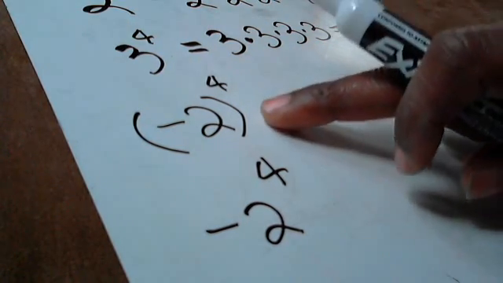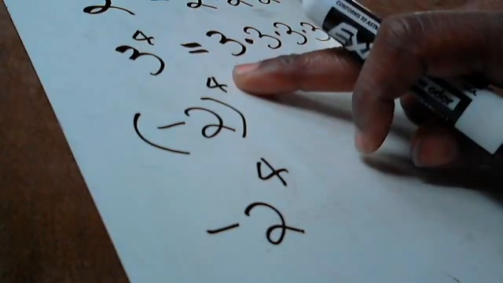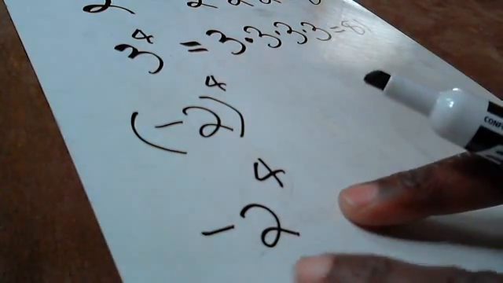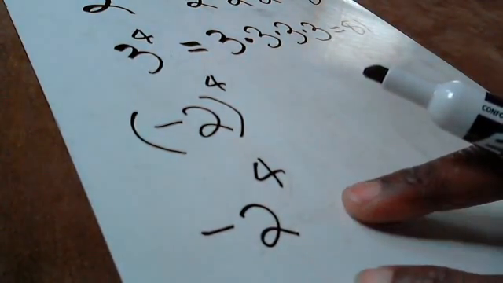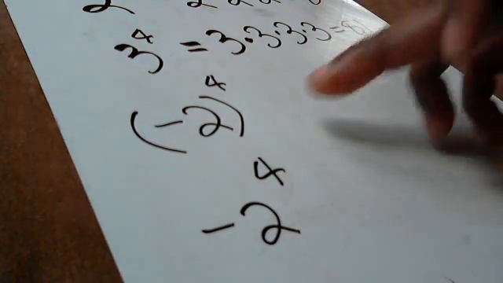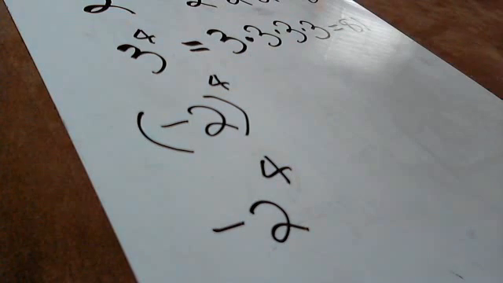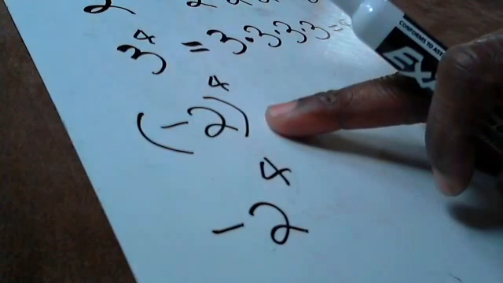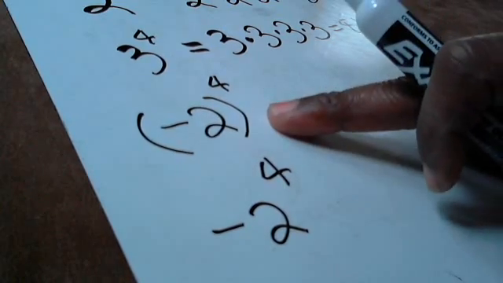How we read this is -2 raised to the fourth power. This is the opposite of 2 to the fourth power. The parentheses make a world of difference because these two differ in that the bases are different. These parentheses are a form of grouping symbol.